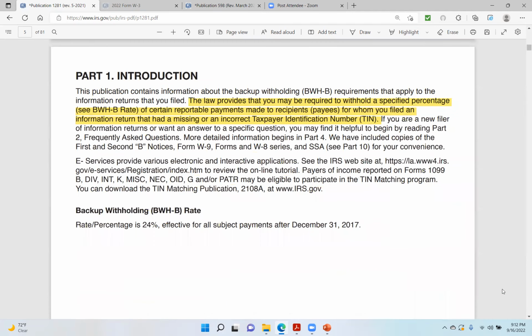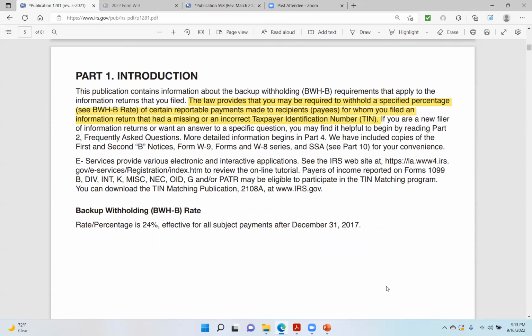This publication contains information about the backup withholding requirements that apply to the information returns that you filed. The law provides that you may be required to withhold a specified percentage of certain reportable payments made to recipients, payees for whom you filed an information return that had a missing or incorrect taxpayer identification number.